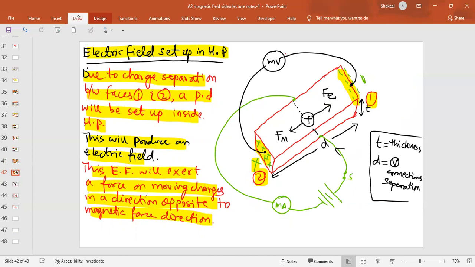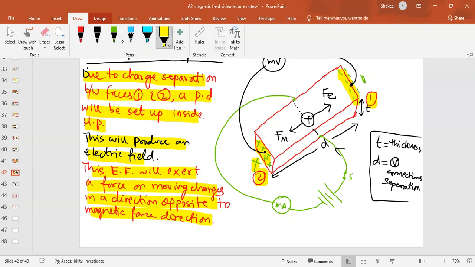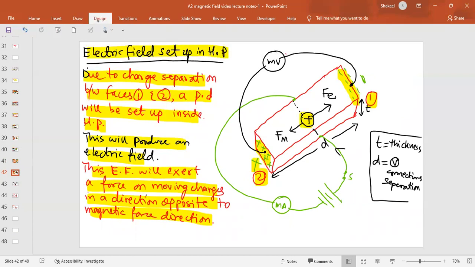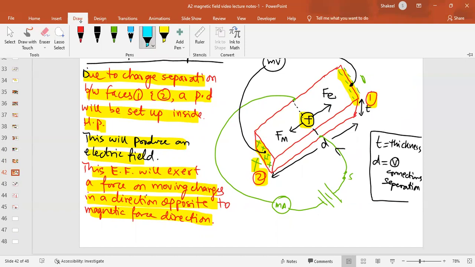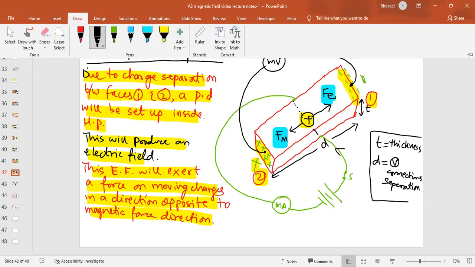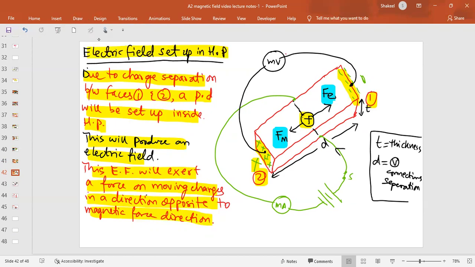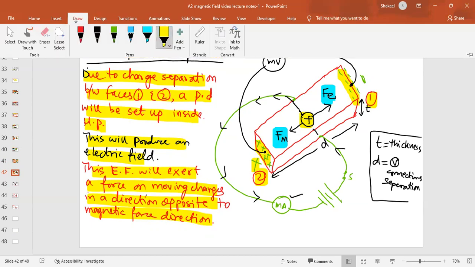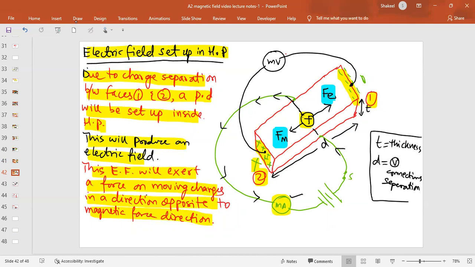So now this charge is experiencing two forces, one magnetic force and one electric force. If these two forces are equal to each other, then of course this charge will not go either way, but it will move straight out and go into the circuit. And at that time, this milliammeter will start showing you the reading again. That's what I've written over there.